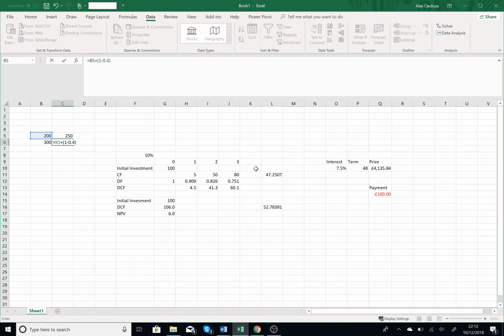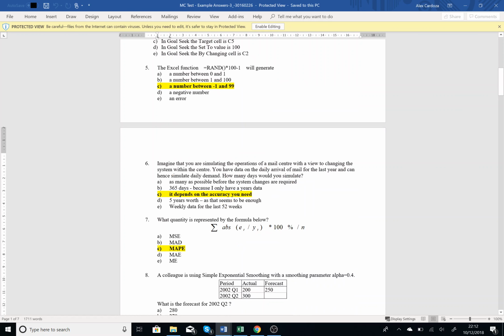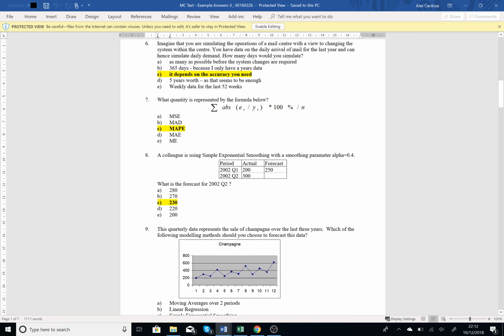Times by your forecast from your last period and your actual from this period, which is 230. As you can see, the answer there is 230. So all you would do is you would do this plus, open brackets, 1 minus that, times by that minus that, because it would essentially be 0.6 times 50 then, plus 200.